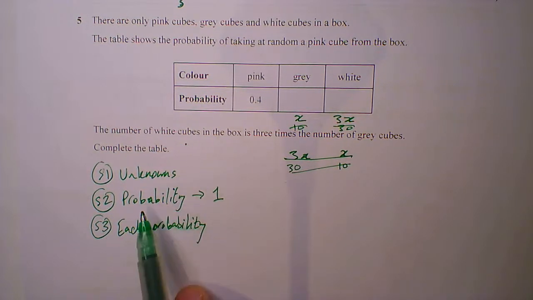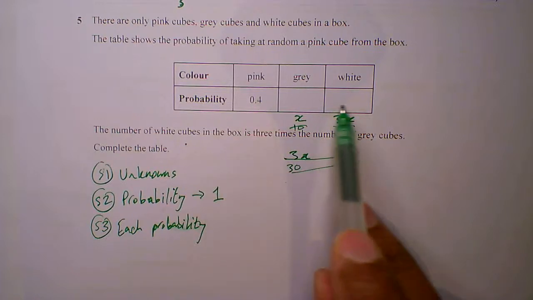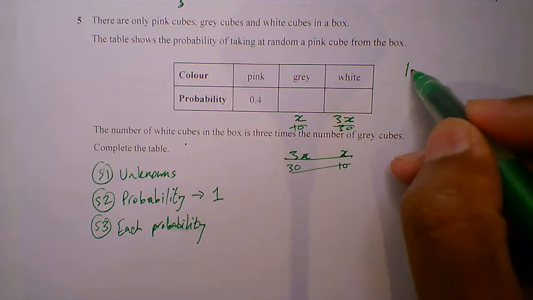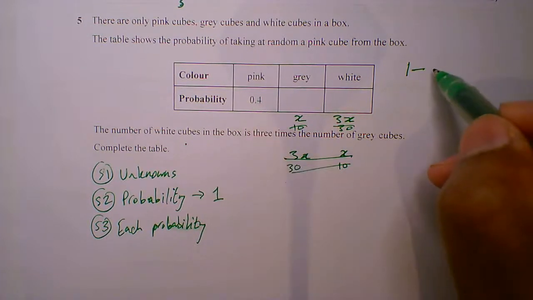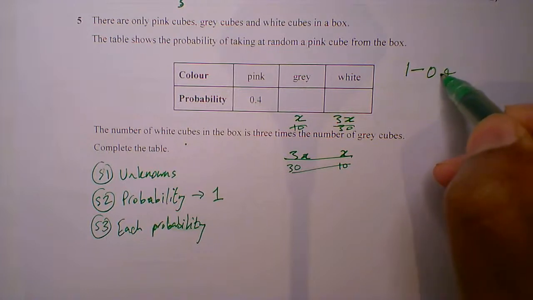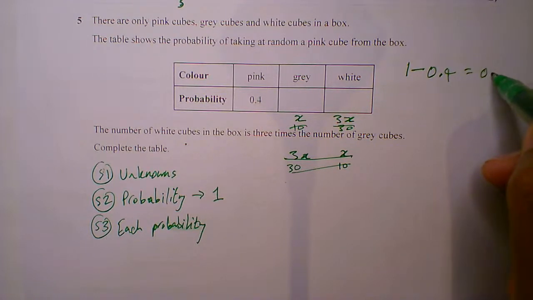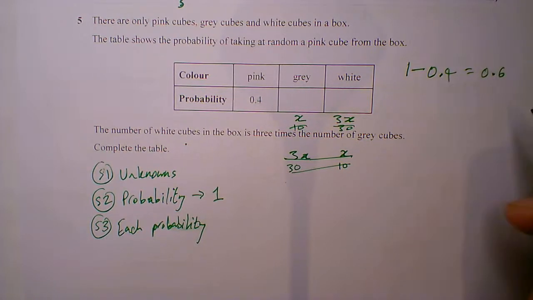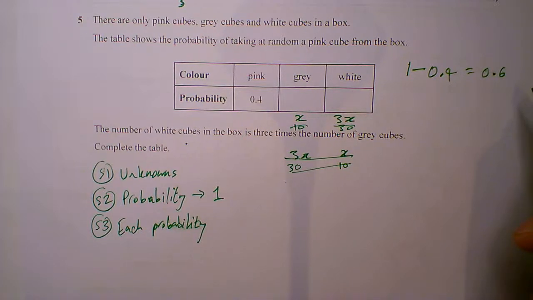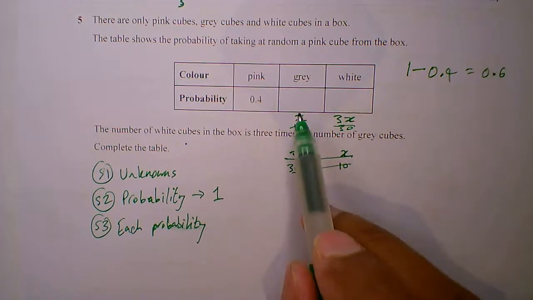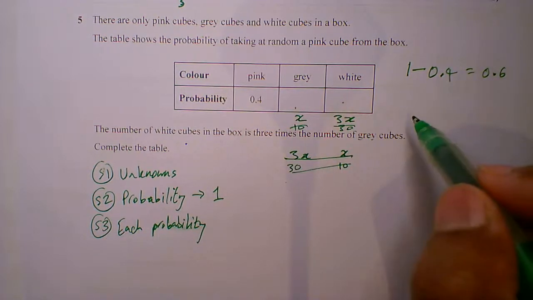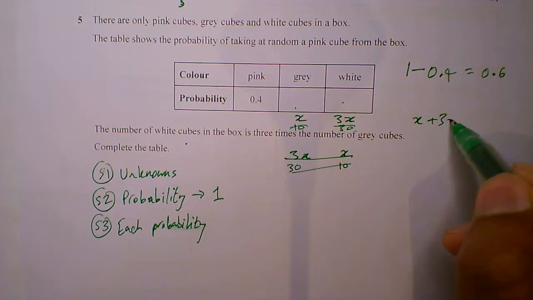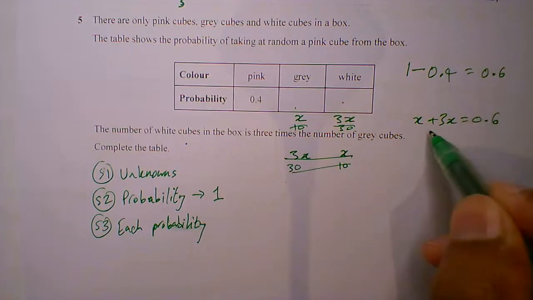Now the next thing is step 2, probability. All probabilities add up to 1. So 1 take away 0.4 is 0.6. Imagine 10 take away 4 is 6. So like that, 0.6. So now these two probabilities make 0.6. So x plus 3x gives me 0.6.